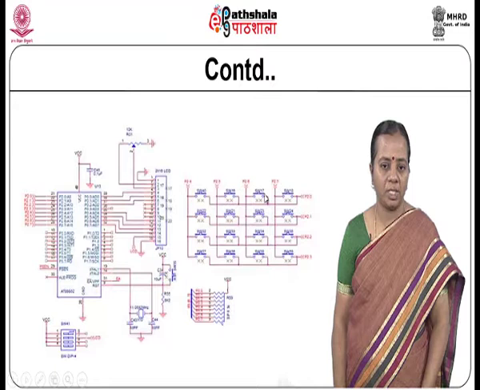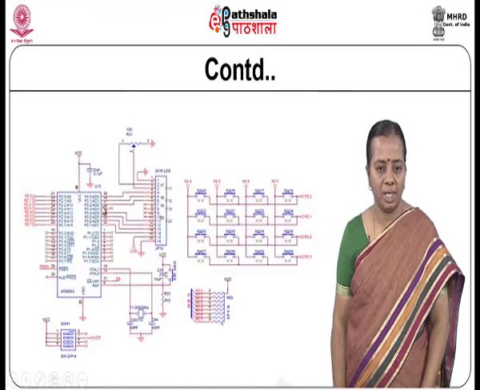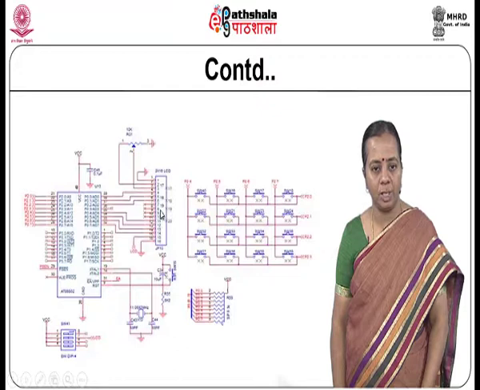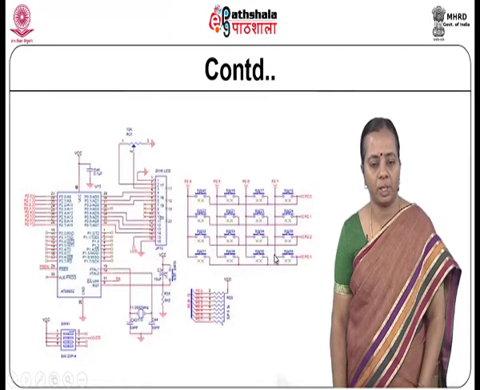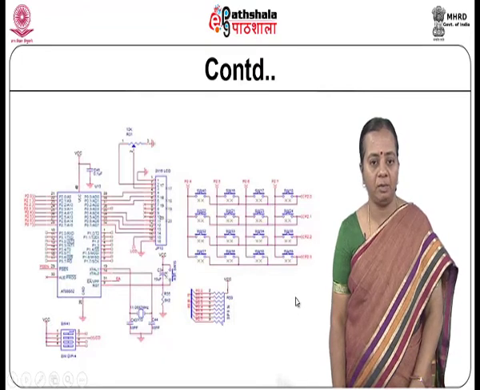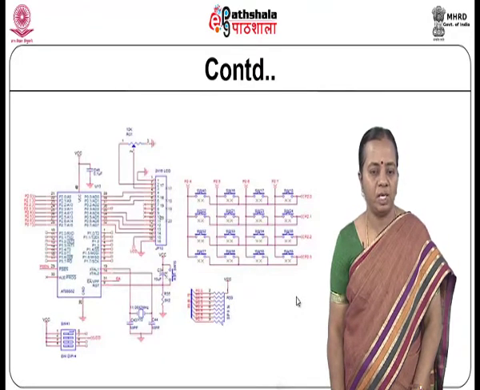To see what key is pressed, the data is sent to an LCD, so we will find out what key is pressed as recognized by the 8051, and that particular value is sent to the LCD. So, this hardware setup is used for identifying which key is pressed and to display that key also.